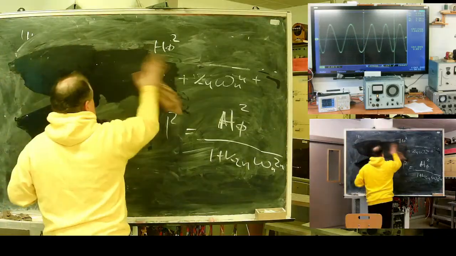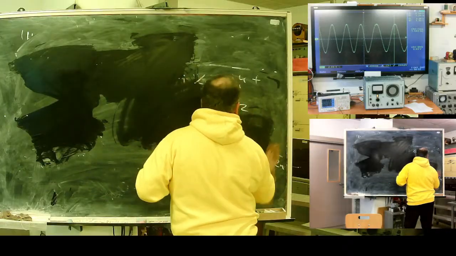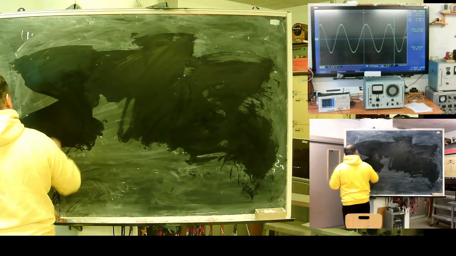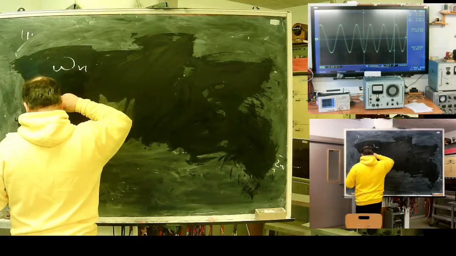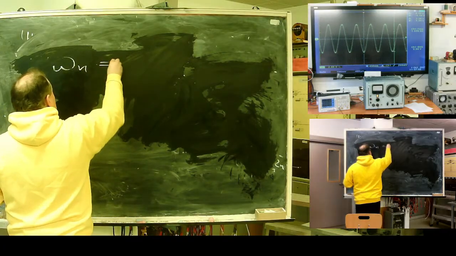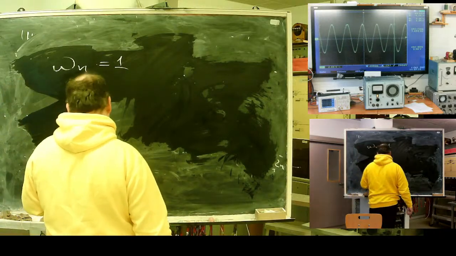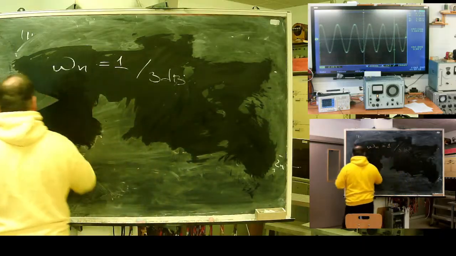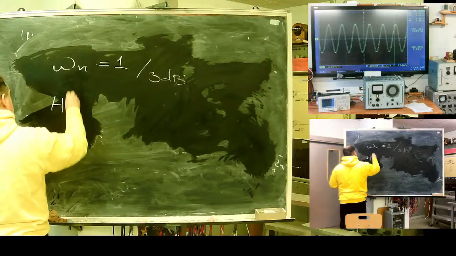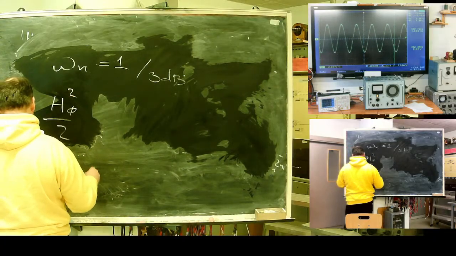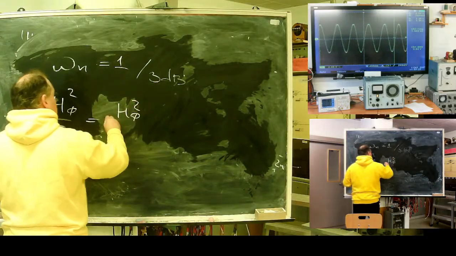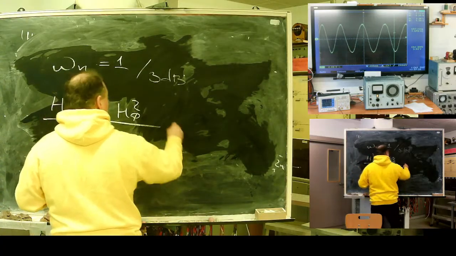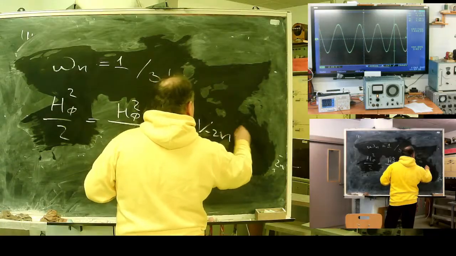Because we know that at the norming frequency the filter decay should be 1 per root 2, we can write H0 squared divided by half equals H0 divided by half times 1 plus k2n. So k should be 1.